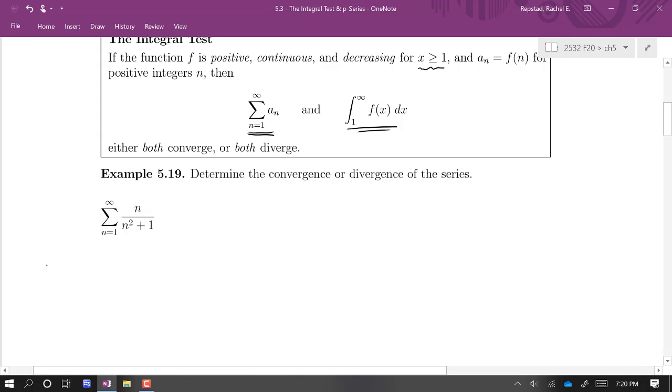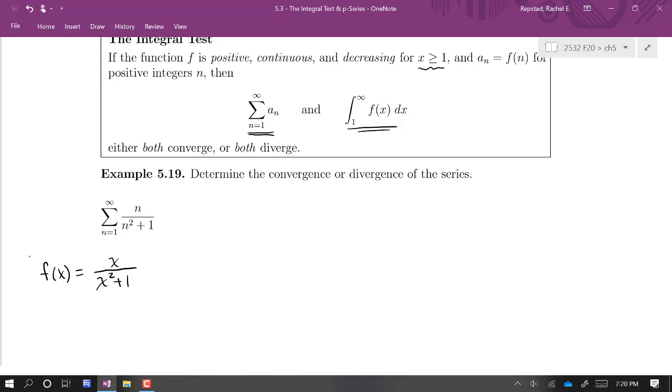I take the way that those terms are defined, n over n squared plus 1, and change all those n's to x's: x over x squared plus 1. I'm going to say this is a continuous function, not restricted just to the integers. I'm going to look at it on all positive reals where x is at least as big as 1.